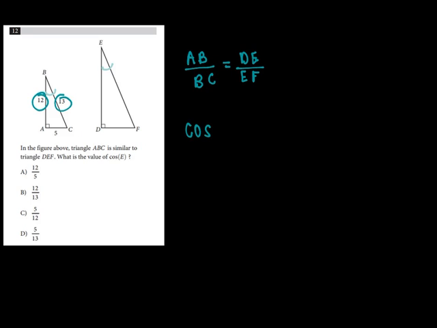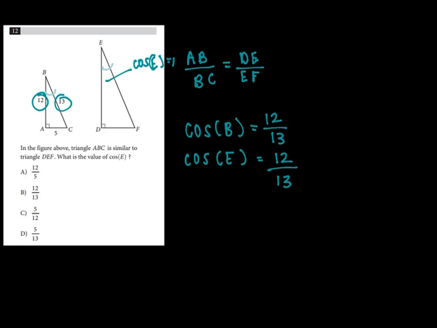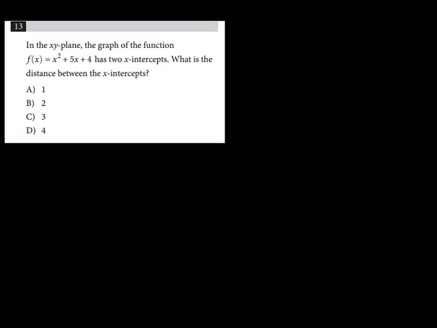So cosine B equals 12/13. Because AB over BC equals DE over EF, cosine E should also equal 12/13. So our answer option would be B, 12/13.